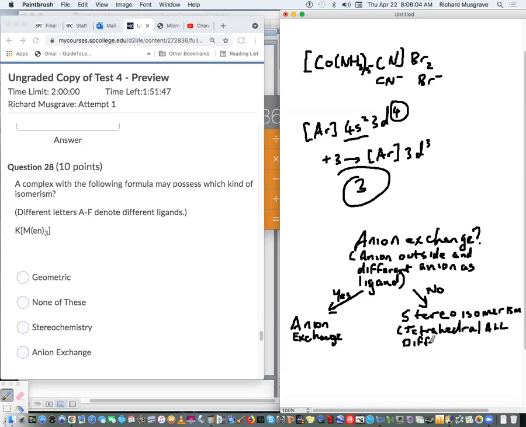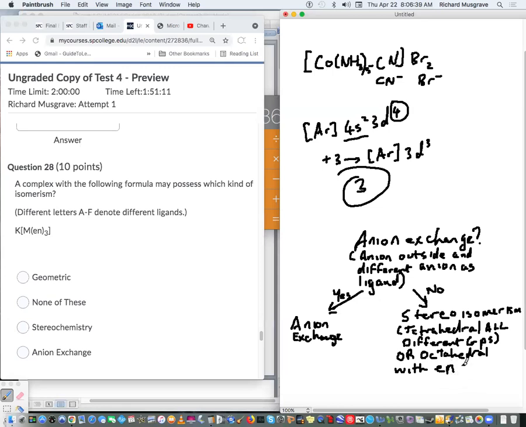So different letters, obviously, A, B, C, D. Or octahedral with en as a ligand.